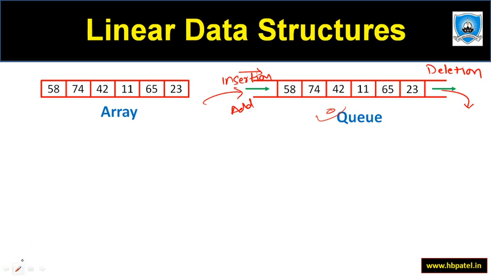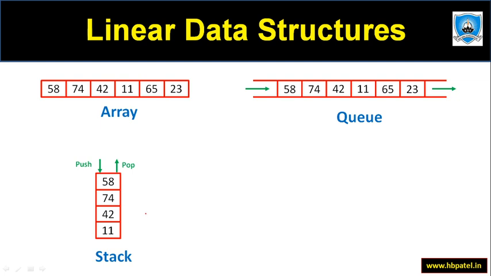Now second is stack. So stack is nothing but a bunch of items, again in linear fashion only. But over here there is only one end. Like over there we had two ends. From one end we will be inserting, and from the other end we will be removing. So there are two ends, but in this case there is only one end.